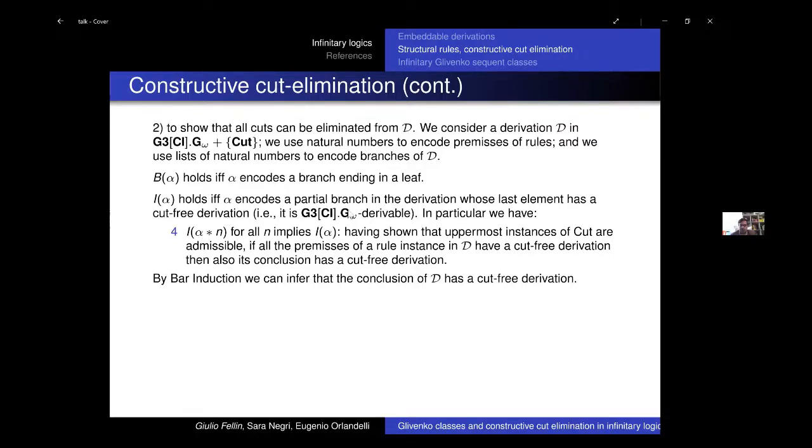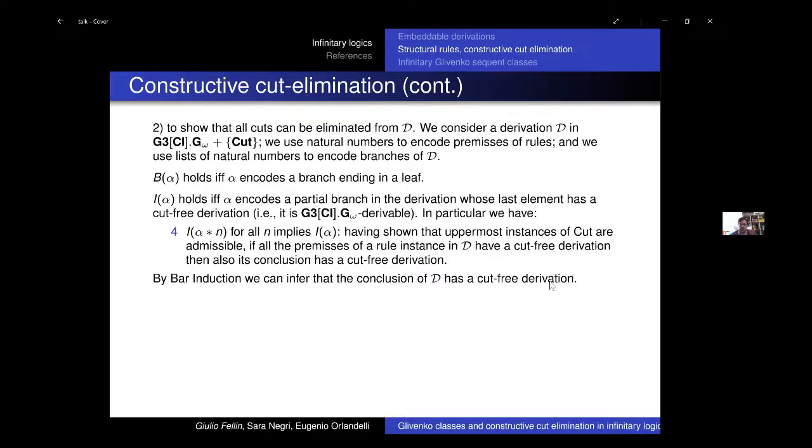Also in this case, we satisfy all the clauses of Bar induction. So we can apply Bar induction and conclude that the conclusion of D has a cut-free derivation.